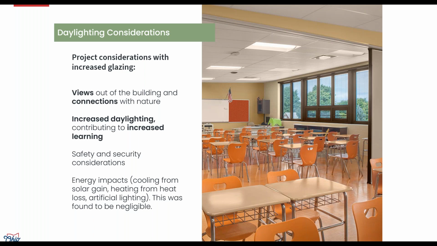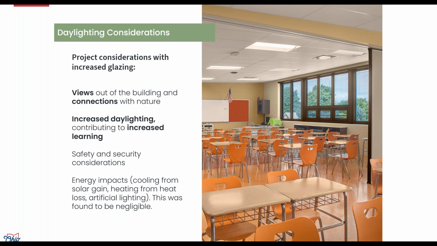But I think the single biggest thing that we did was we took a second look at our minimum standard in terms of the amount of light that we're bringing into classrooms, which currently is at 5% of the area. And so what we've done is we actually asked TDA as our consultant to do some in-depth studies to try to find out where is the optimum amount. Is 5% where we should stay, or is it something that we should do more? And we actually looked at studies from all the way from 5% to 15%.